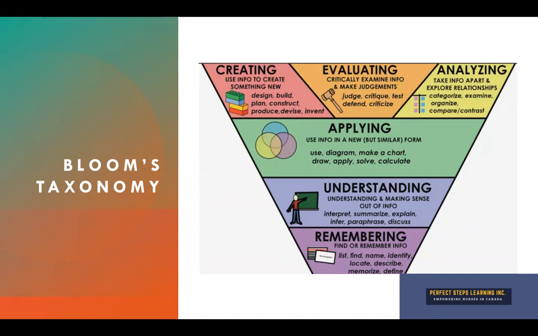For example, you have to recall the signs and symptoms of a disease condition or the risk factors for a disease condition, or if you're studying pharmacology, those could be the side effects of any medication or even the list of medications. So recognizing, listing, and describing, all these things come under remembering.